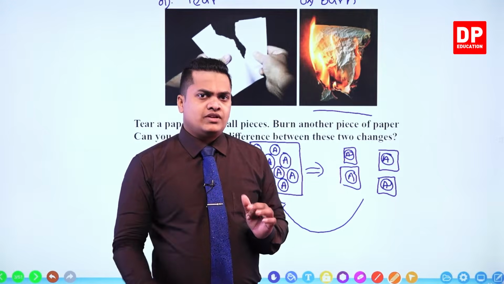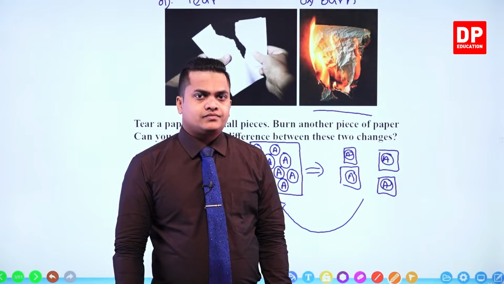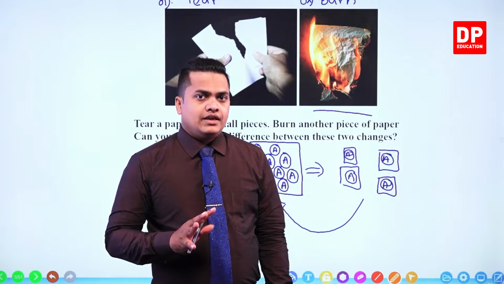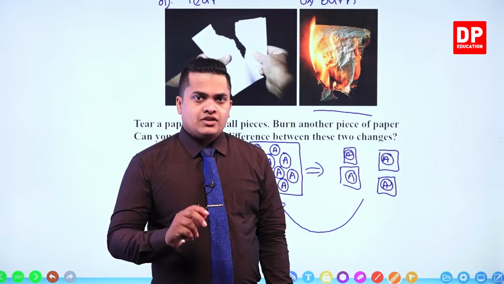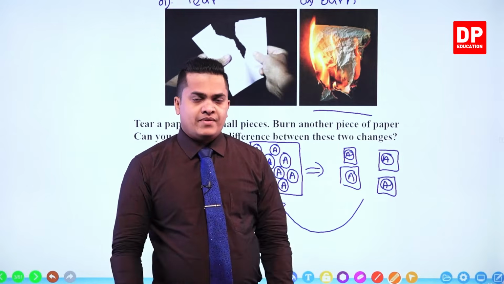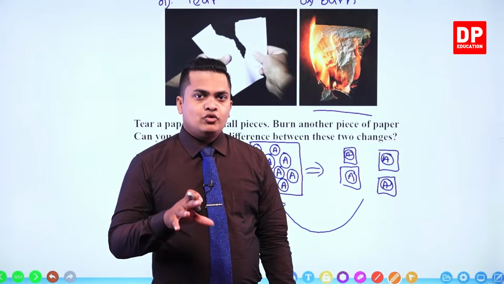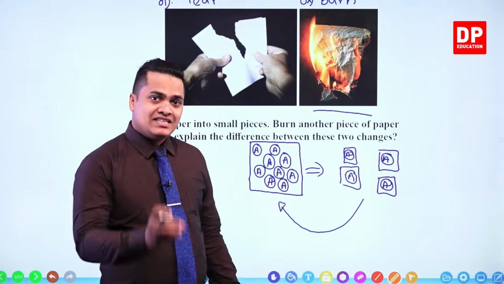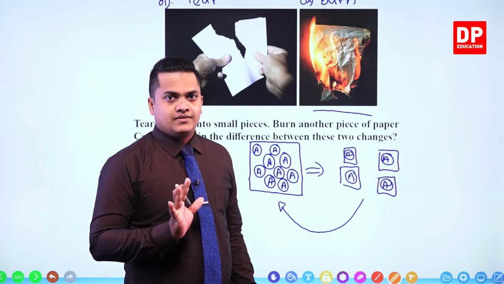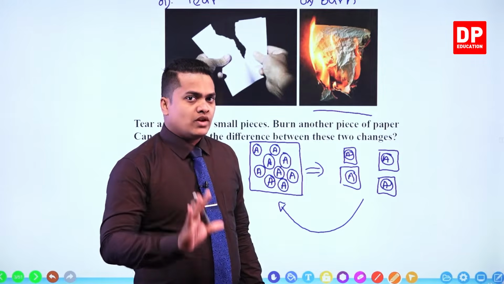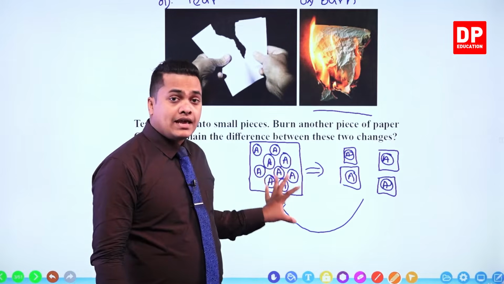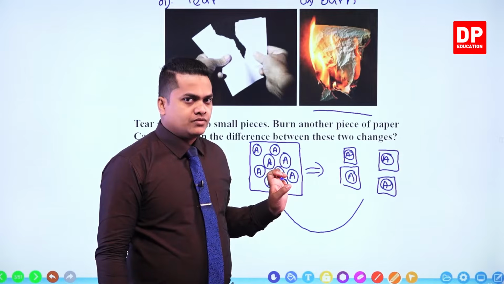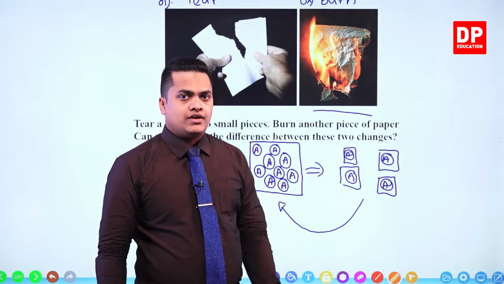And let me ask you another question. If you are given the ash and the smoke which has been emitted, can you turn these things back, at least up to a certain extent, into a piece of paper like this? Can you? Absolutely you can't.